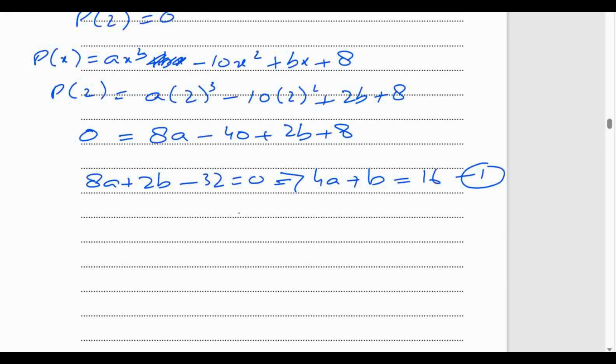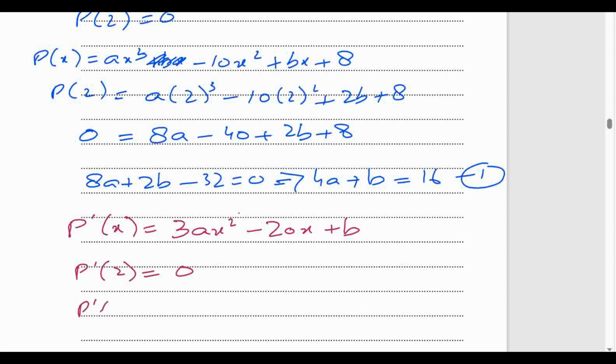If we directly find the value, p dash of x, the first derivative of p of x, will be equal to 3ax square minus 20x plus b, and the last term's derivative becomes 0. So this is a factor, which means the first derivative will be equal to 0. So the first derivative p dash of 2, this is a factor. That is why we'll use x equal to 2, which we found previously. This should be equal to 0.